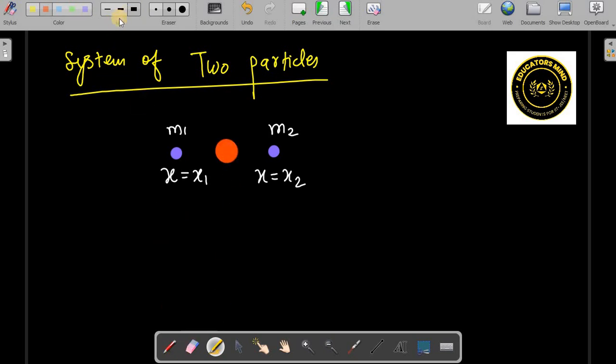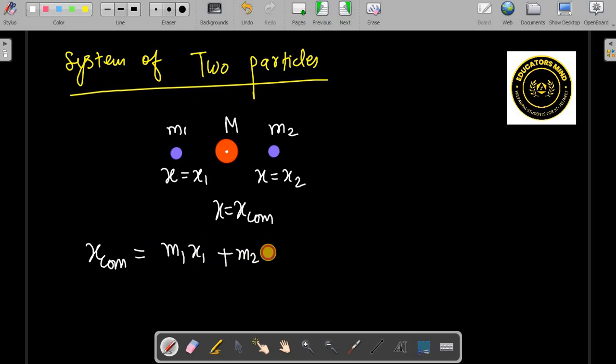Okay, now the thing is, what is the coordinate of the center of mass? If the coordinates of the individual masses are given, the center of mass coordinate we can calculate, which is x center of mass. This x center of mass can be calculated as m1 x1 plus m2 x2 divided by total mass.